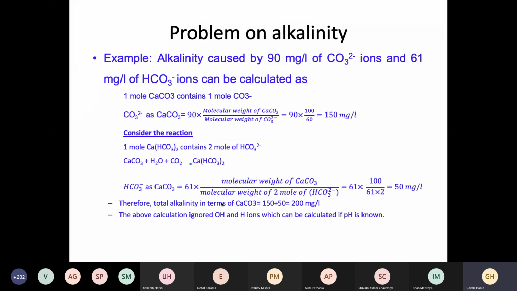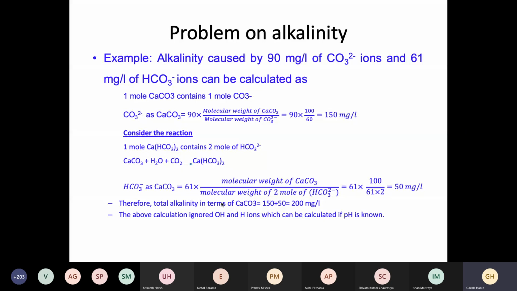So for carbonate ion, as CaCO3, it will be 90, the amount of carbonate ion, multiplied by the molecular weight of CaCO3 divided by the molecular weight of CO3 2 minus ion. So this 90 into 100 upon 60 is 150 mg per liter, the amount of carbonate ion as CaCO3.